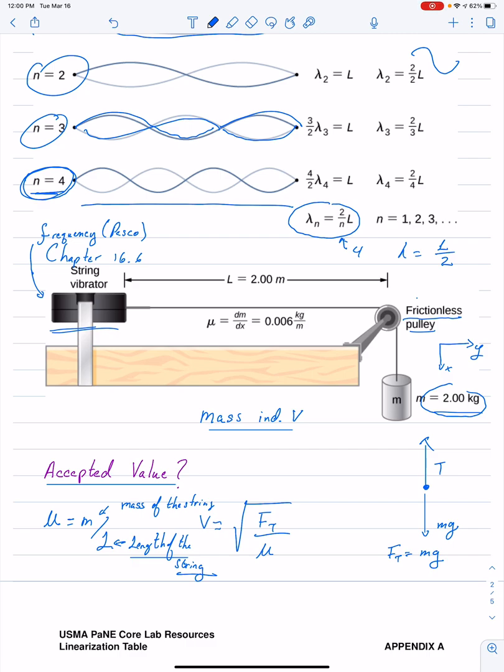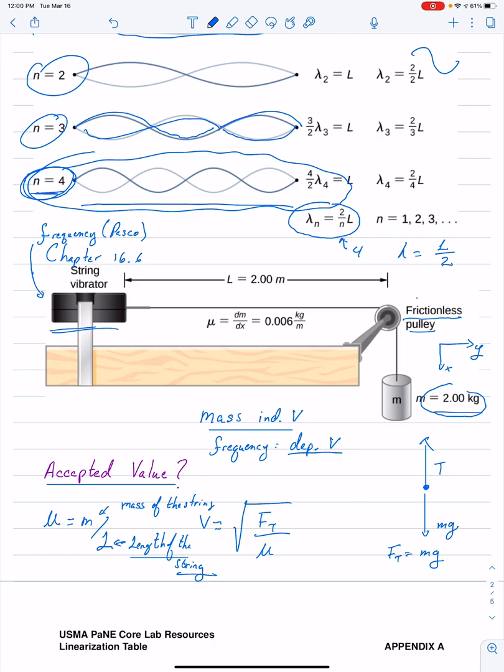So after you change the mass of the string, in order to make sure that you continue using, like, your string looks exactly like this, you're going to have to change the frequency. And your frequency is going to be your dependent variable. Therefore, it has nothing to do with the notes.